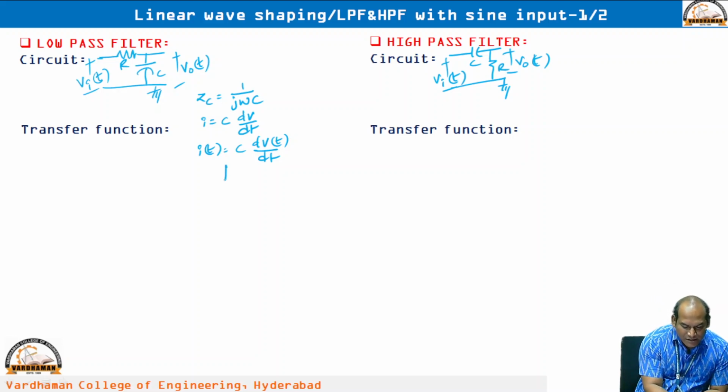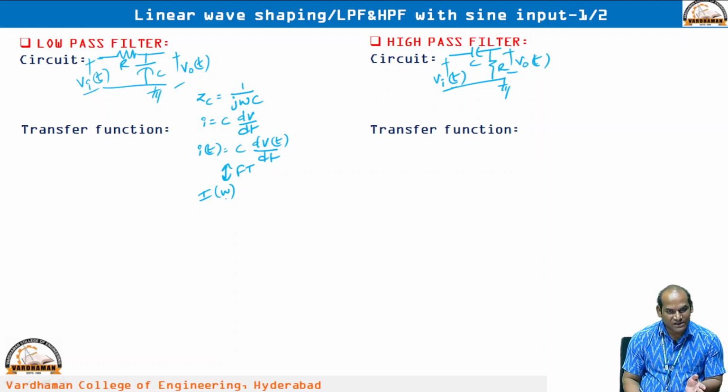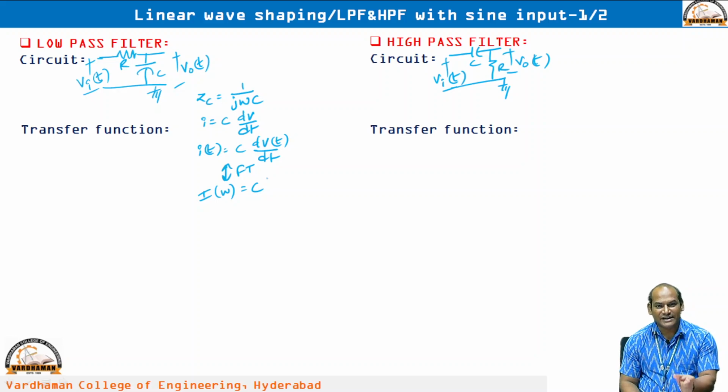Now, apply Fourier transform for this particular equation. I of t means I of omega, like for x of t, x of omega is the Fourier transform. We can tell this I of t is having the Fourier transform I of omega, C is the constant, and V of t is having the Fourier transform V of omega. d by dt means what? Differentiation in the time domain leads to multiplication by the variable in the frequency domain.